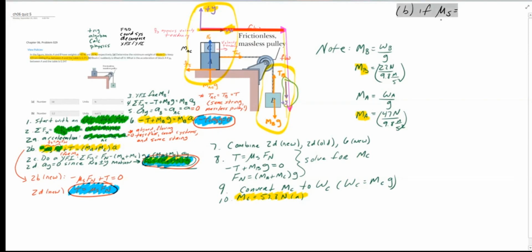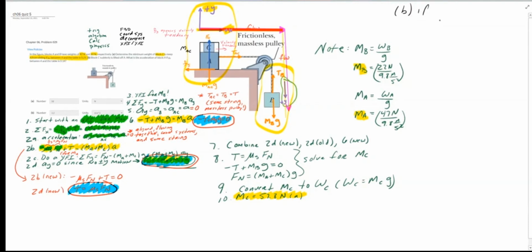So for part B, we're saying block C is suddenly lifted off, if mass of C is removed, and the coefficient of kinetic friction equals 0.14. What is the acceleration of block A? All right, so let me kind of fast track this.